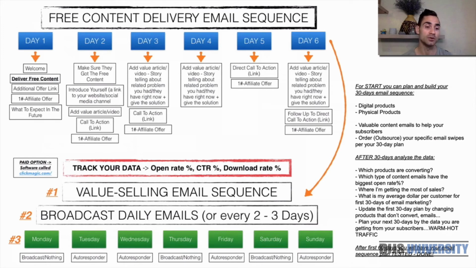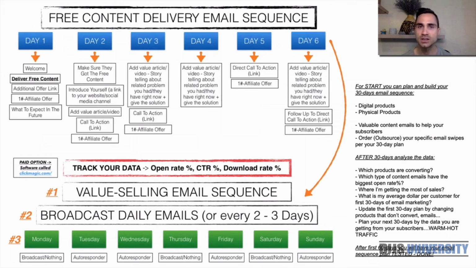So you can have your broadcast on Monday, let's say Thursday and Saturday, and then have an autoresponder, so already scheduled emails, on Tuesday, Wednesday, Friday, and Sunday. So if you want, you can send them an email every single day, or you can go every 2 to 3 days. So you want to test that and see how they respond, how many emails they are opening.